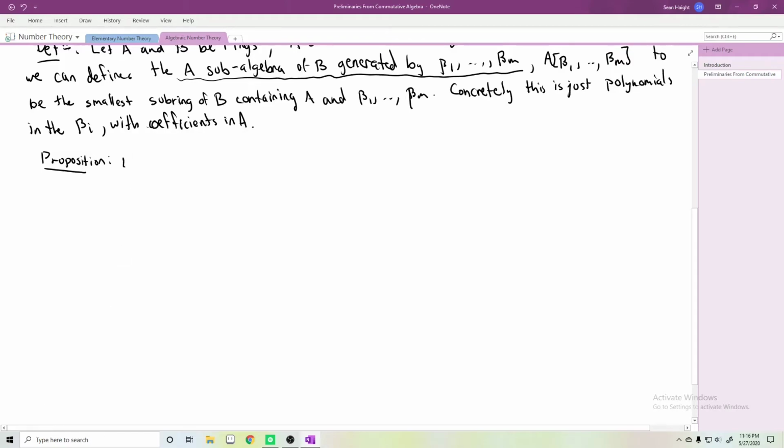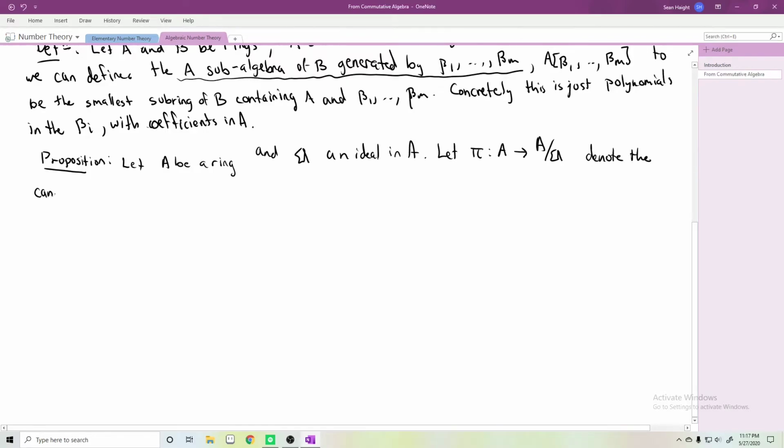The proposition says, let A be a ring and 𝔞 an ideal in A. Let pi denote the canonical projection from A to A mod 𝔞.